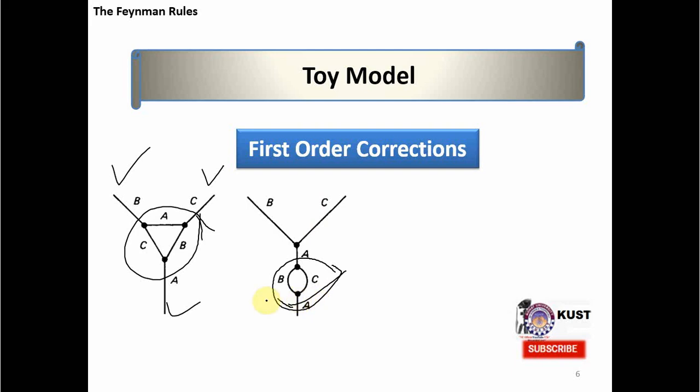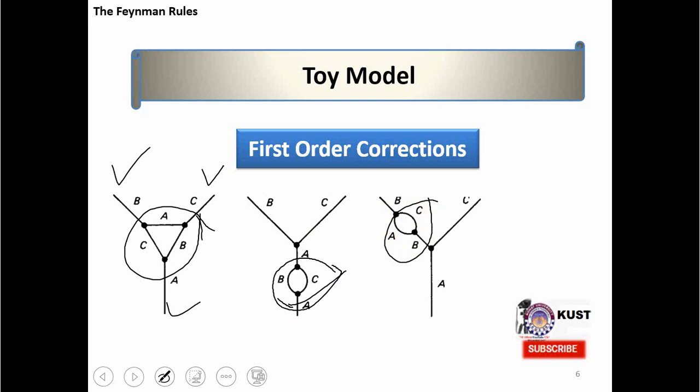So we have to take into consideration this diagram, and also there is another diagram. For example, if there is a loop on the B line, again this is internal so we don't measure it, but there is a loop, and it will contribute to the decay rate, and we have to calculate it, although it will be smaller.